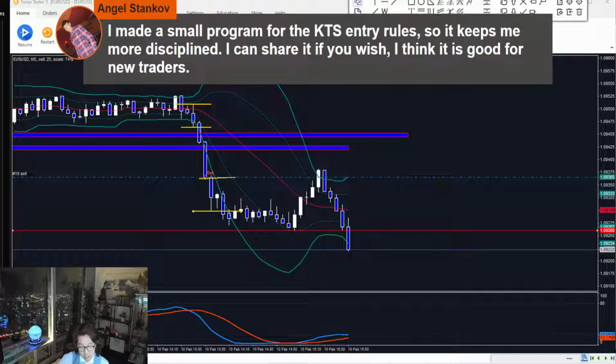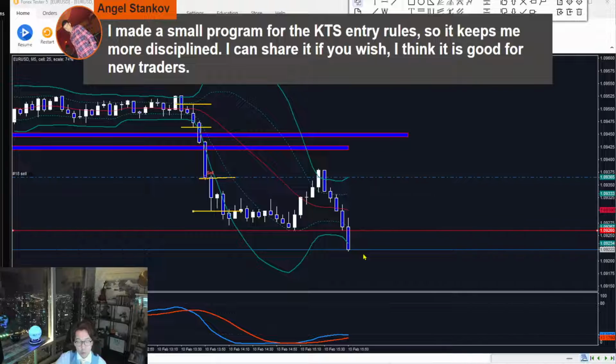We say discipline is a key to success, but logic will follow the discipline. You can be disciplined if you have the rules to follow. If you do not have the rules to follow, or if you cannot trust the rules to follow, then you may not be disciplined. So I created my own strategy like this to really follow the rules.